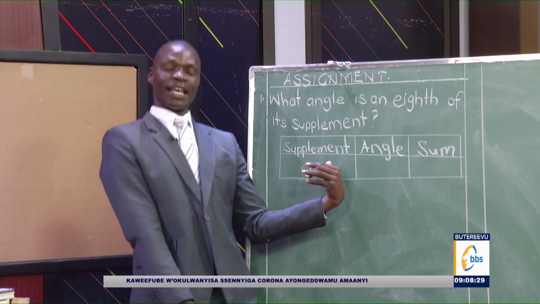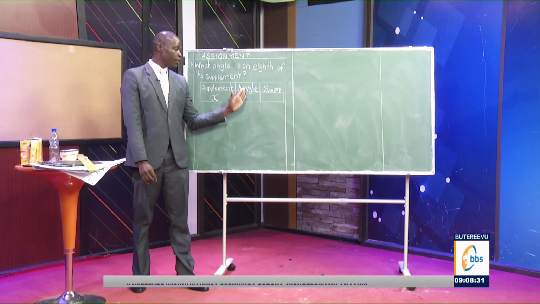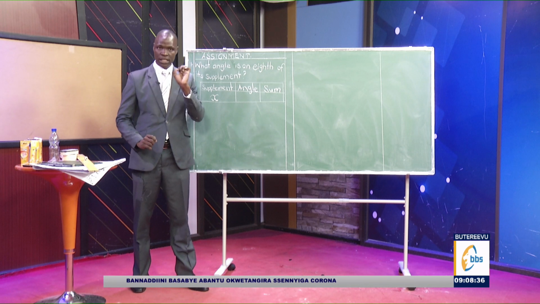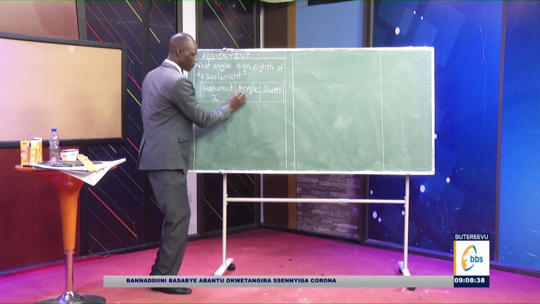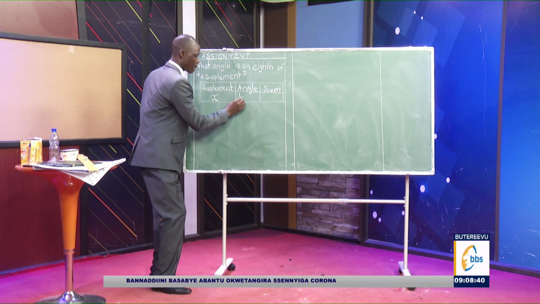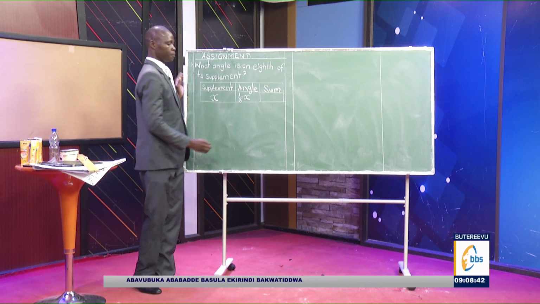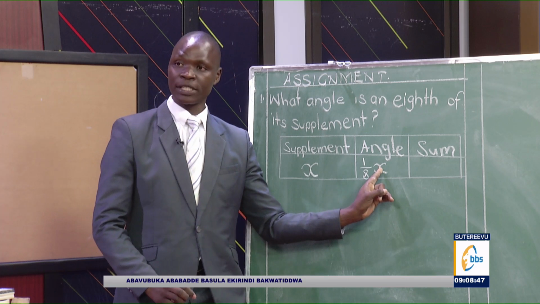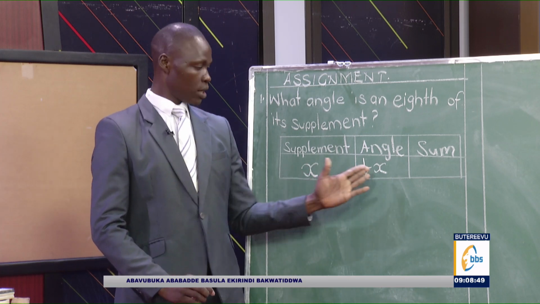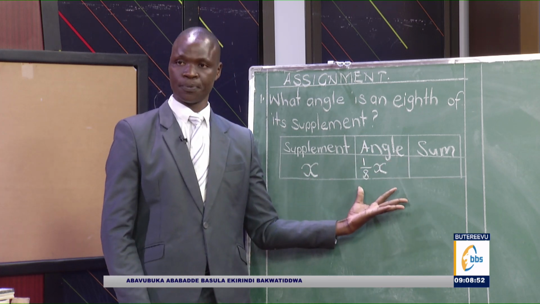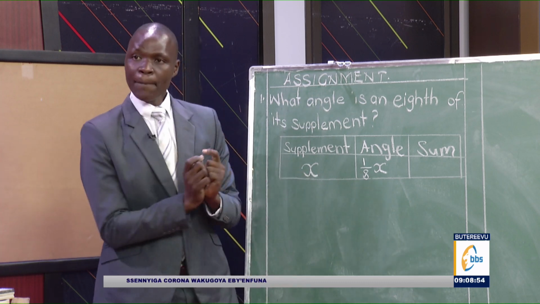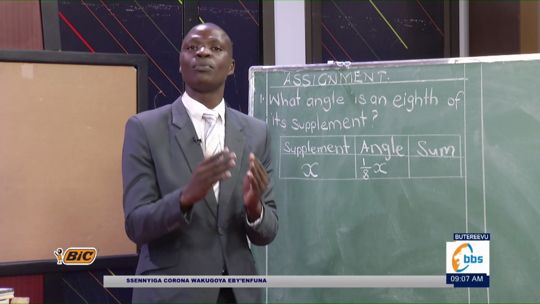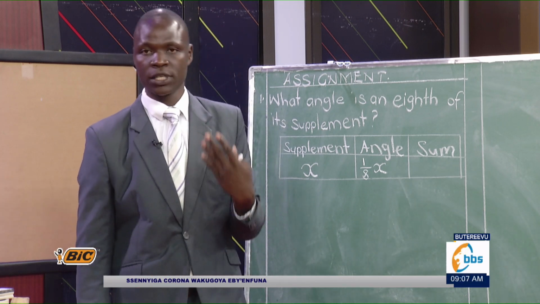Once the supplement is x, then our angle is just an eighth of its supplement. Since you know the supplement, it is easier to get the angle. Remember, the angle plus its supplement you must get 180 degrees.